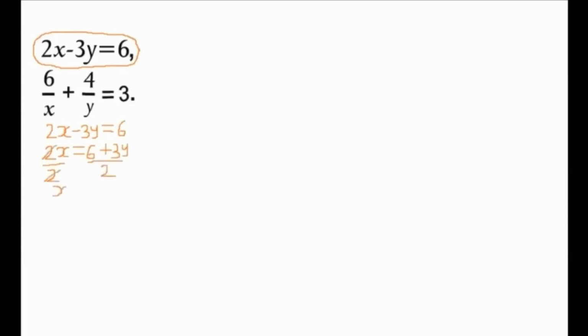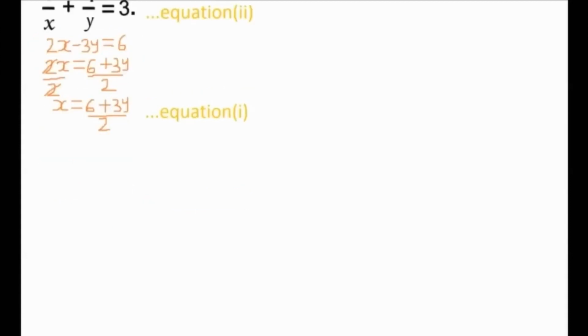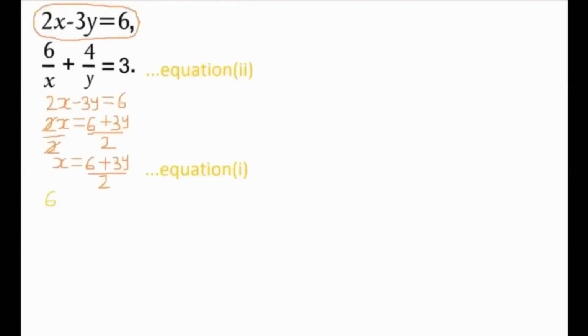So when you make x the subject, it will be x is equal to 6 plus 3y over 2. Now we need to substitute that one, which is now called equation 1, into equation 2. So where there is x in equation 2, we should put 6 plus 3y over 2.